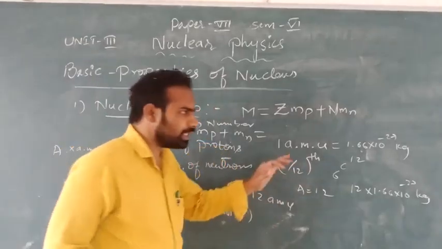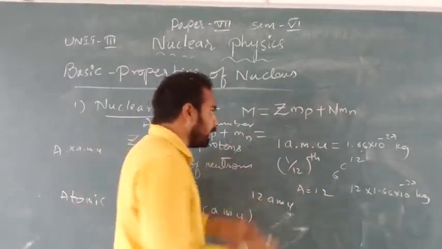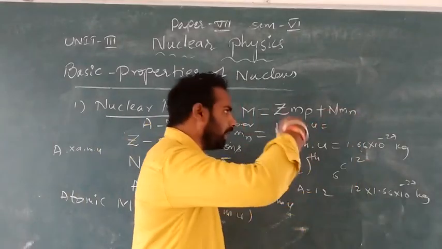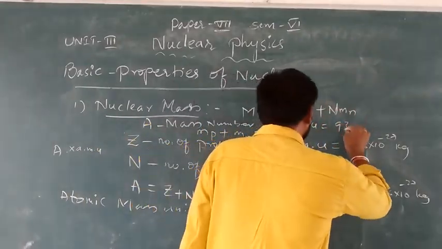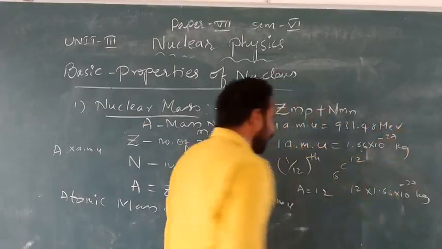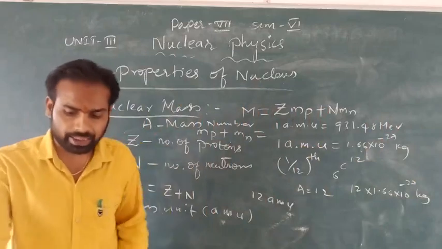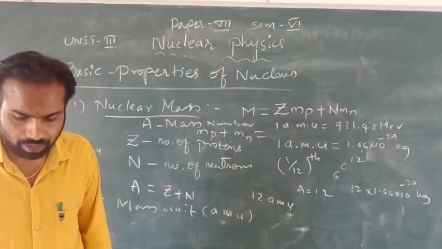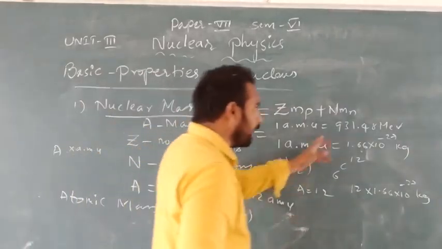Now, this mass can be converted into energy. 1 atomic mass unit can be converted into 931.48 million electron volts.